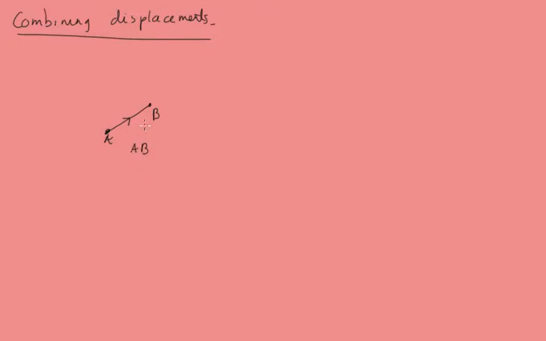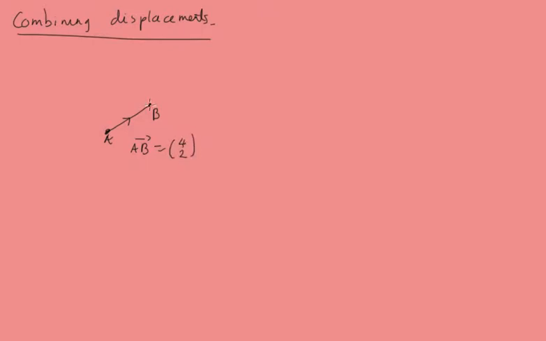So combining displacements. So say we have vector A here, and it goes to point B here. And it's given by this displacement. So AB is equal to 4, 2.